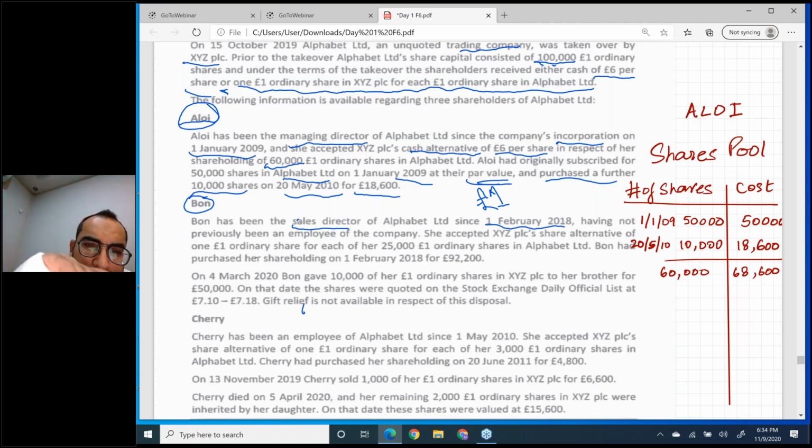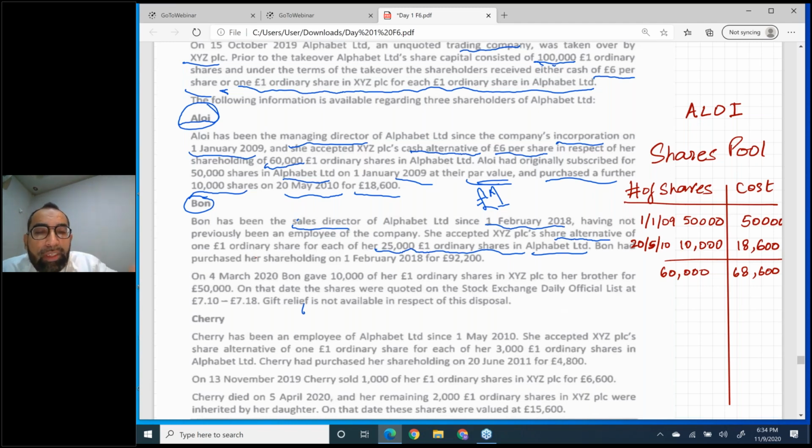Having not previously been an employee of the company, she accepted the XYZ PLC share alternative. See what she did. She opted for the share alternative, one for one. So she will get the same number of shares she already had, but with a different name: one ordinary share for each of her 25,000 £1 ordinary shares in Alphabetic Limited. Listen to me.